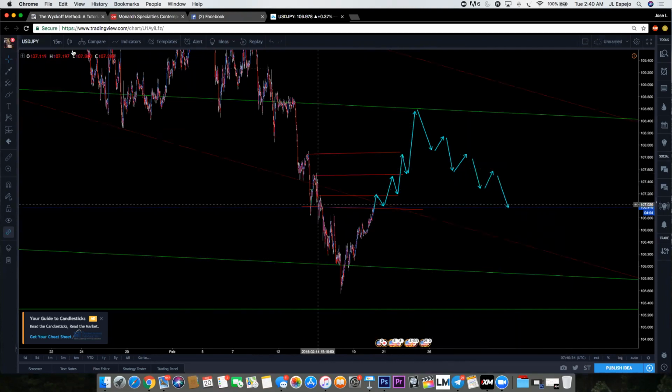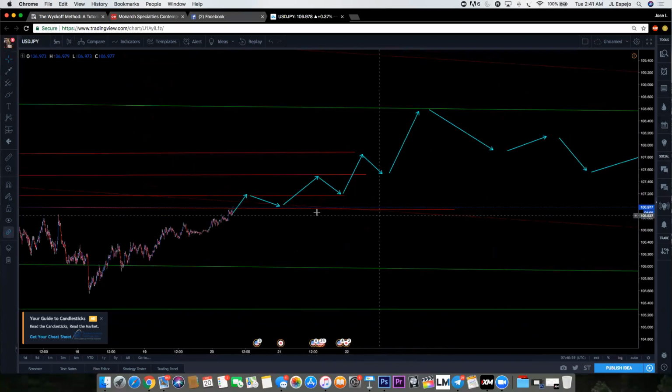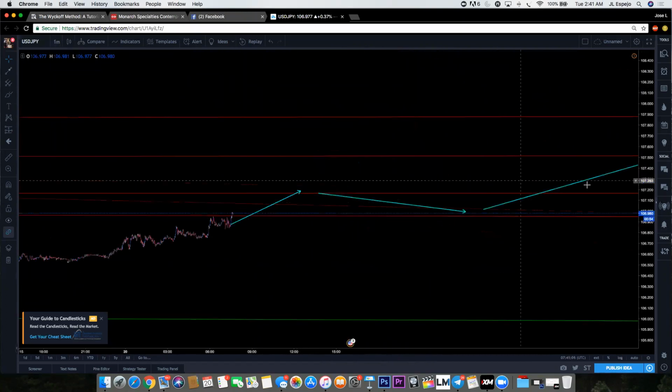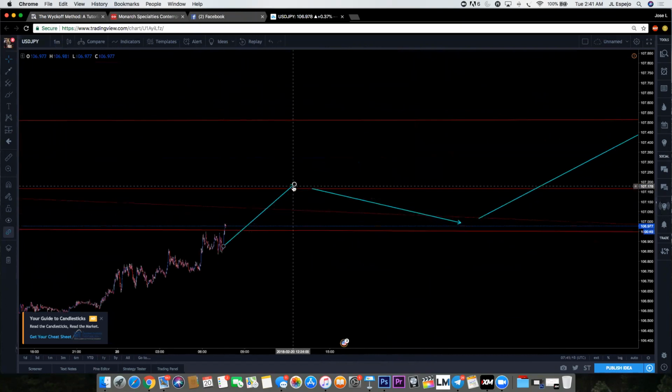So obviously, as we start going into the lower time frames, that's where we start looking for better entries. It's only clear because the smaller time frames give us more data confirming the direction that we want the market to go.